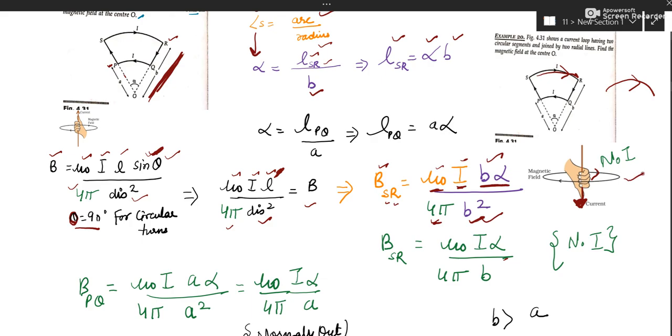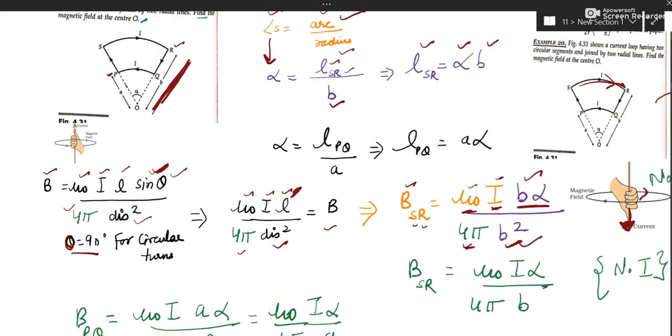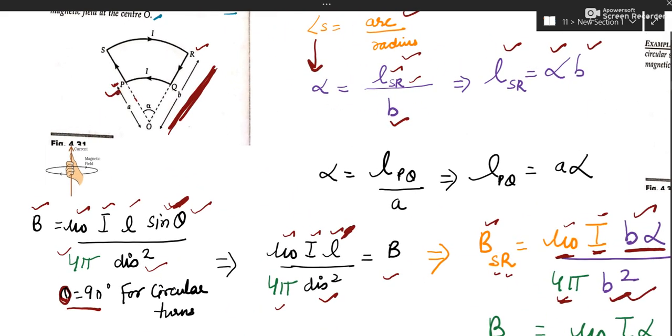So just wait, we have found one magnetic field due to one portion of the wire. Now coming to the lower portion. Which portion? This one, due to PQ. Same method. Let us find out the length of the wire. We'll use the angle: angle is equal to arc, that is the length of PQ, upon radius.